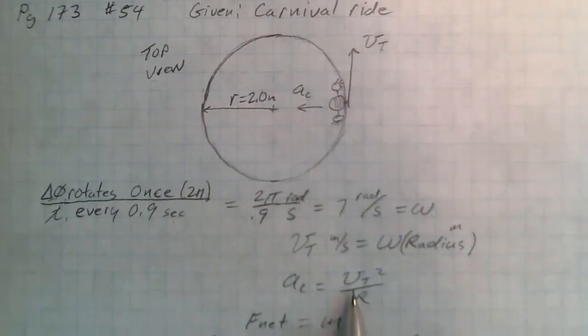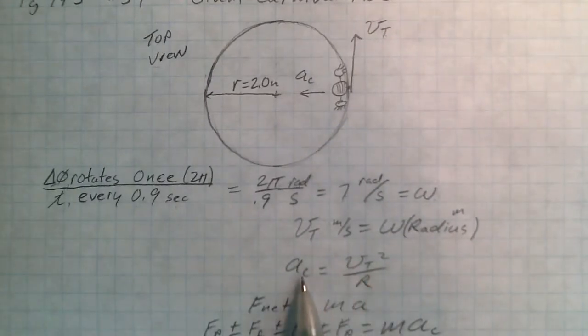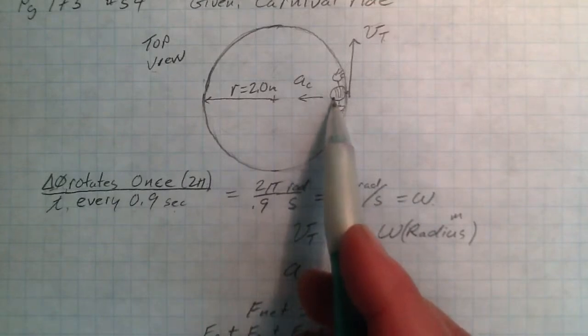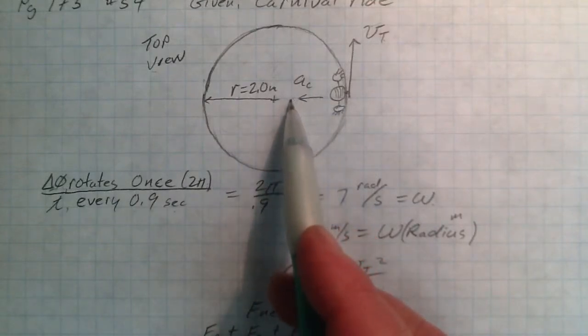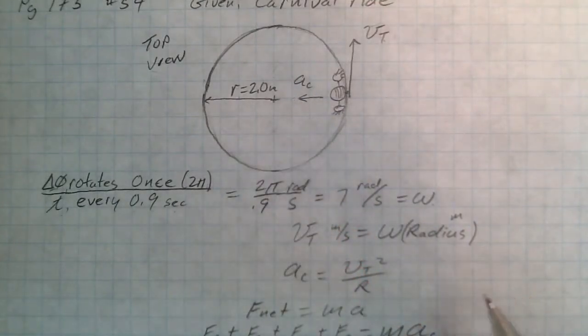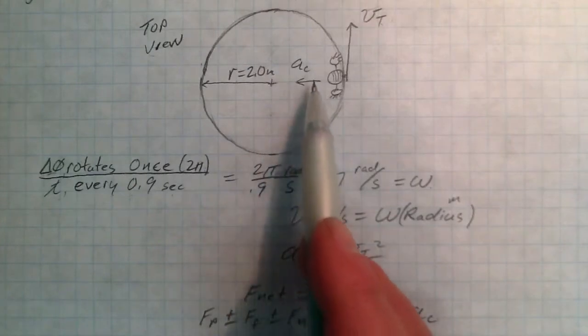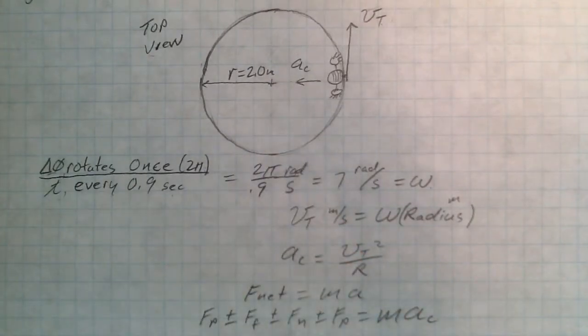Because the magnitude I can plug into this and get my acceleration. Which direction is the acceleration? Always towards the center in uniform circular motion. Why is that important? Because if I have an acceleration, I must also have an F net in this same direction. Okay, and we need to look at this F net in order to solve our problem.